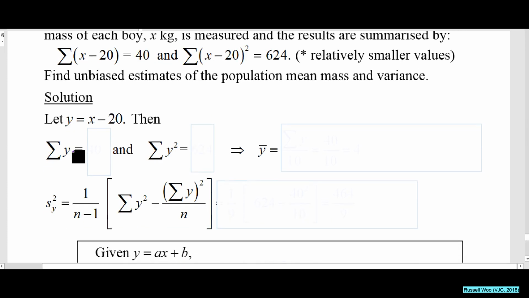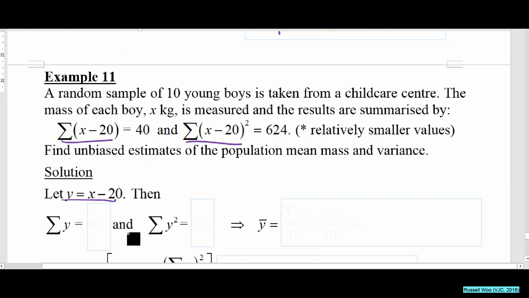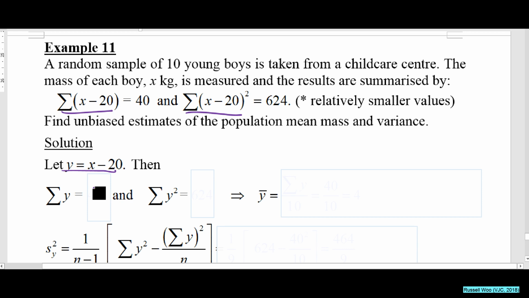I let y be equal to x minus 20. So now you are given summation y. This is summation y, this is summation y squared, because y is now x minus 20. So summation y is actually 40, given summation y squared is 624.